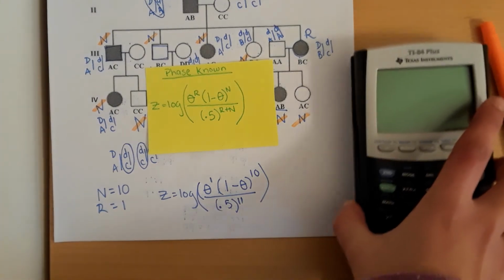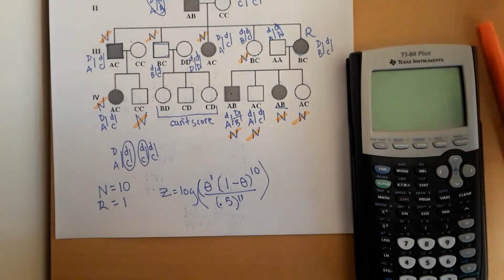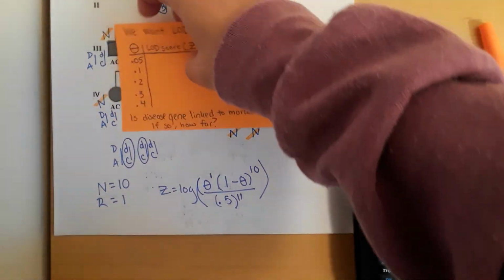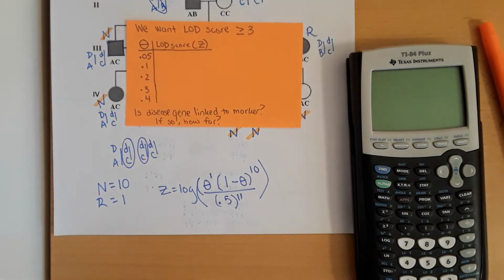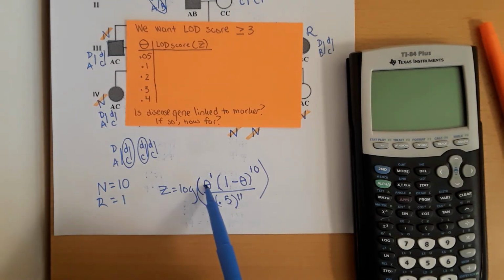And now what you want to do is, as before, set up a table of values of theta and then plug them into here and here to see if you're going to get a LOD score greater than or equal to 3.